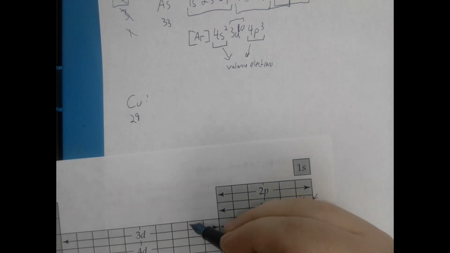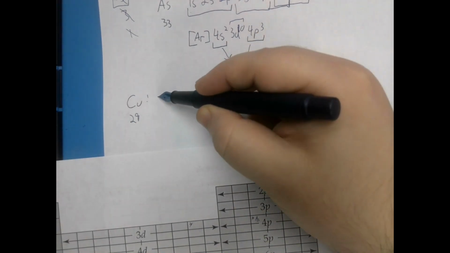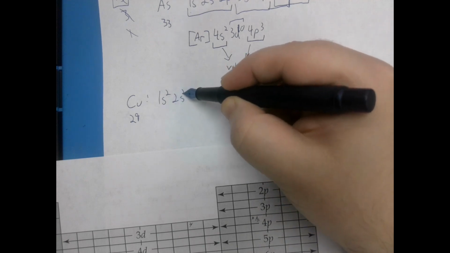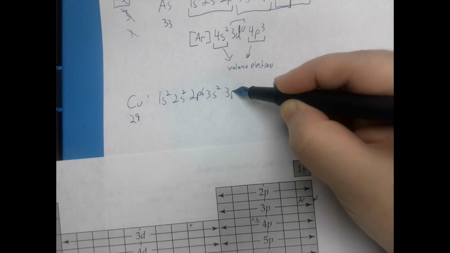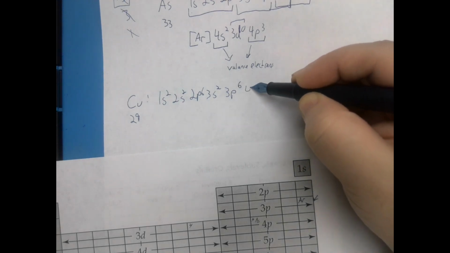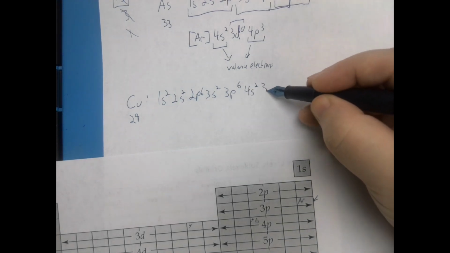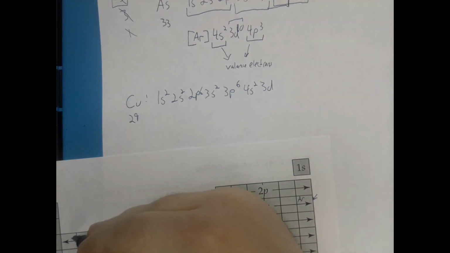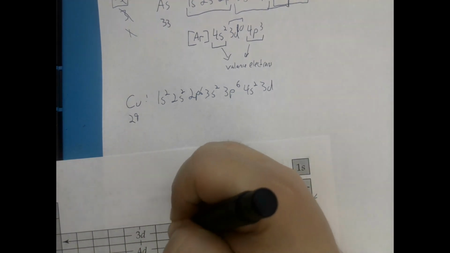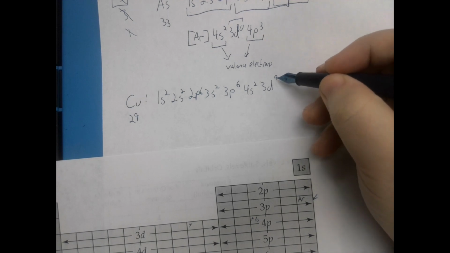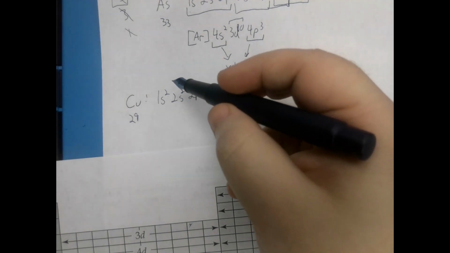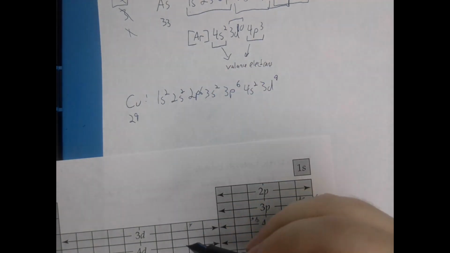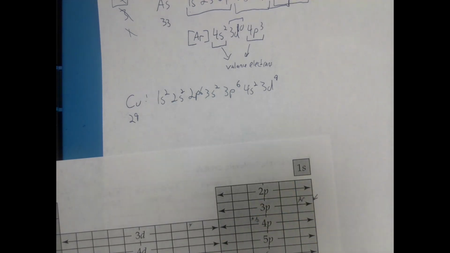It's located right here. So its configuration is 1s2, 2s2, 2p6, 3s2, 3p6, 4s2, 3d, 1, 2, 3, 4, 5, 6, 7, 8, 9. This is its configuration according to Aufbau's rule.